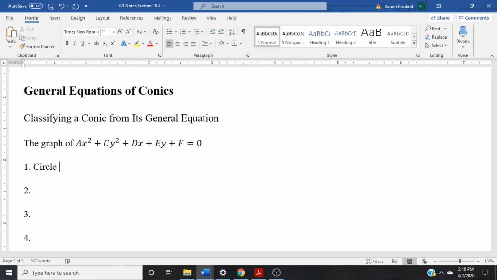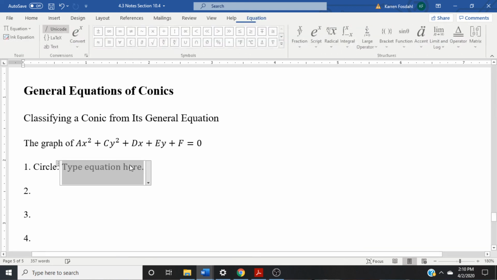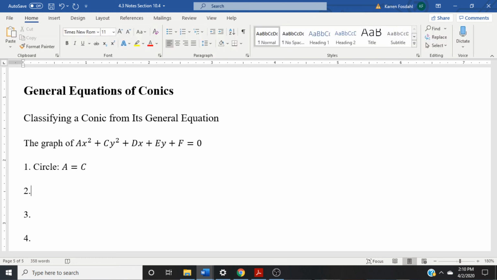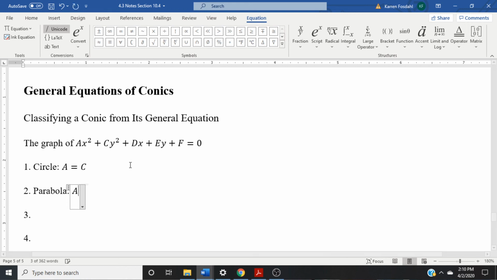A circle, which we haven't really dealt with that much, is if A equals C. If A equals C, then it's a circle. A parabola is A times C equals 0.